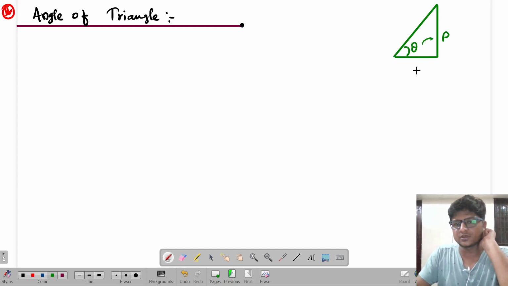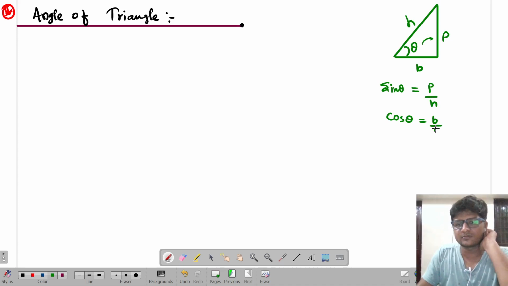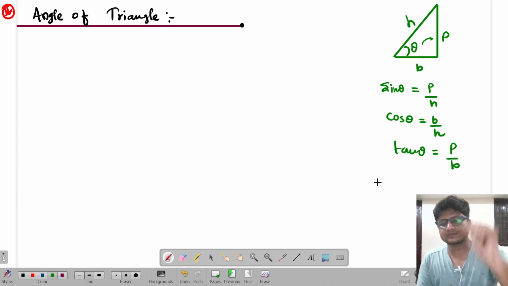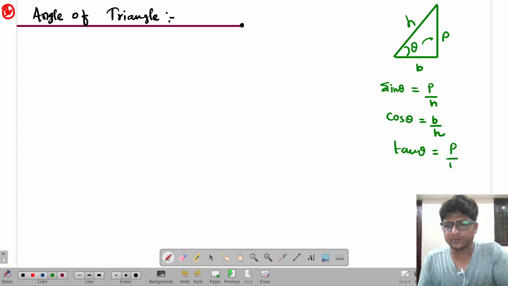The opposite side is perpendicular, this is base and this is hypotenuse. We write sine theta as perpendicular by hypotenuse and cos theta as base by hypotenuse. Correct? And tan theta as perpendicular by base. Are you able to get me?